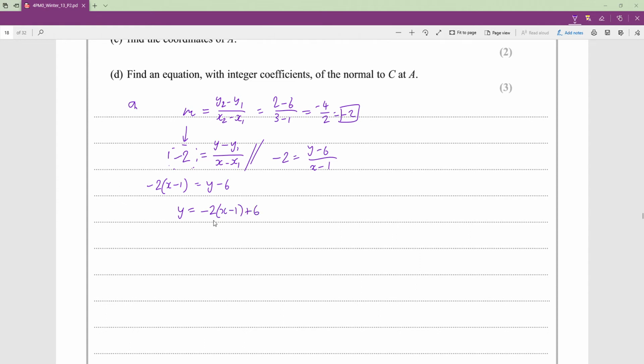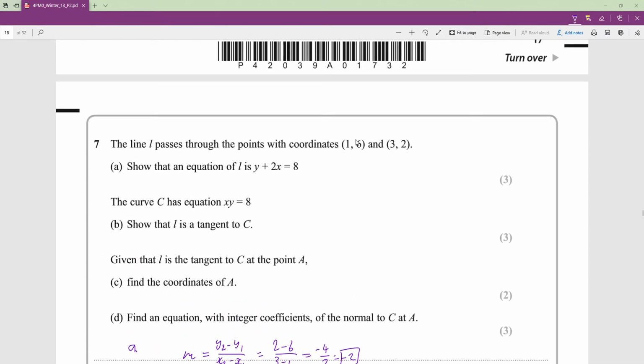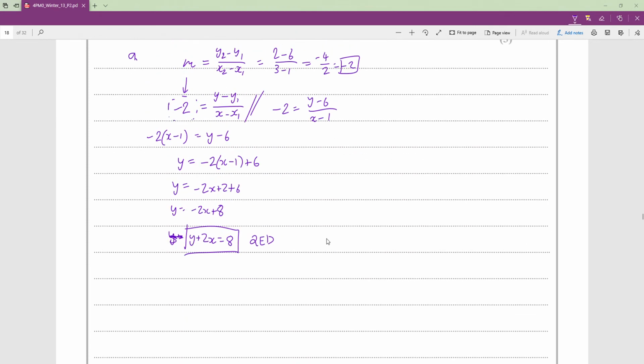Or rather, if we expand this bracket, y is equal to minus 2x plus 2 plus 6. y is minus 2x plus 8. y plus 2x is equal to 8. So we have shown that the line through these two points is y plus 2x equals 8.